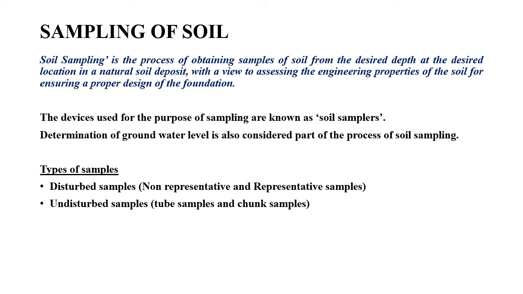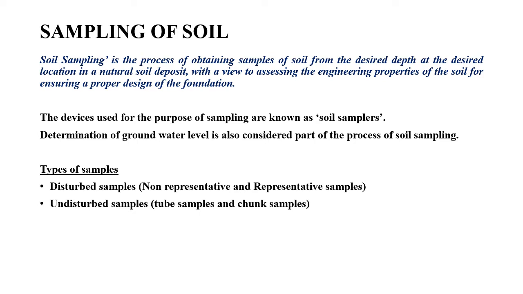So it's not purely undisturbed, but a comparatively undisturbed sample that we are talking about. Here the structure of the soil remains intact, so we can use such undisturbed samples for determining the engineering properties. The undisturbed samples will either be tube samples or chunk samples.